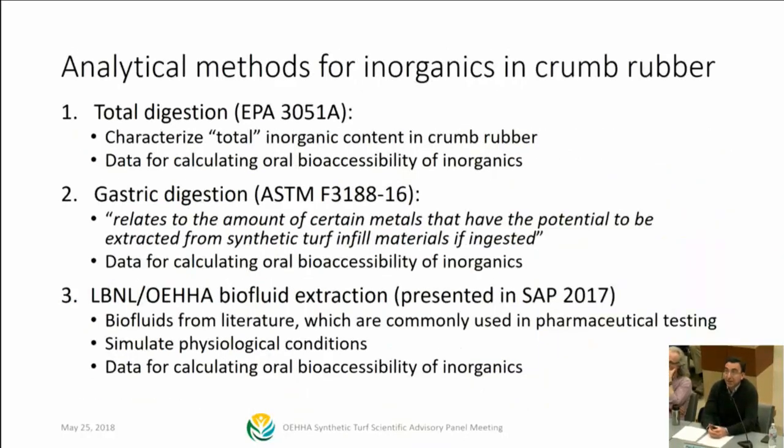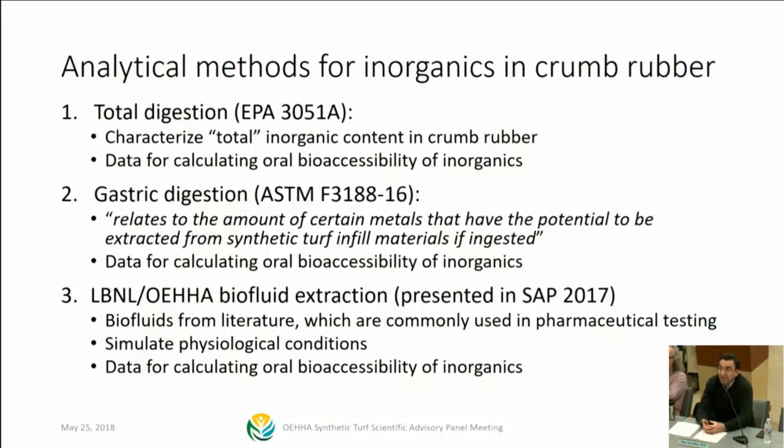So briefly about the 3 extraction methods that were used. The first method was EPA 3051A for total digestion. This method essentially characterizes the total content of any particular inorganic constituent and can be used for calculating oral bioaccessibility.